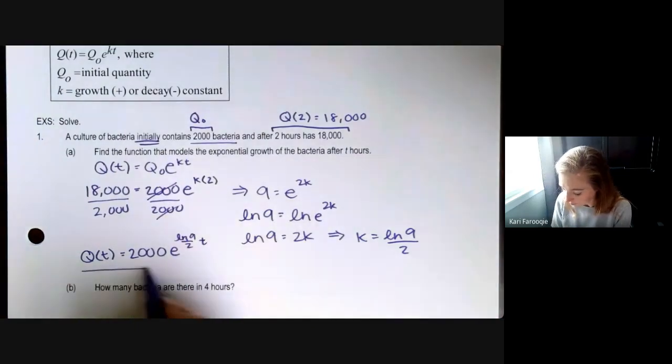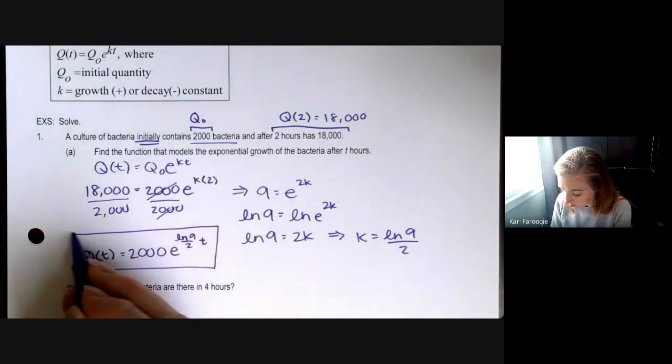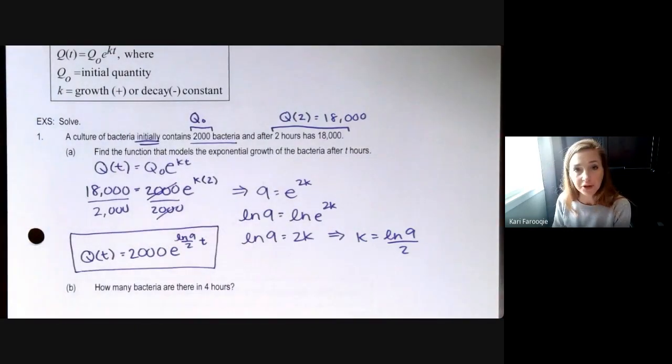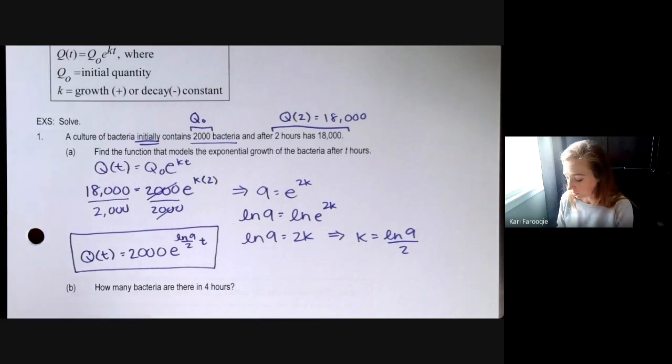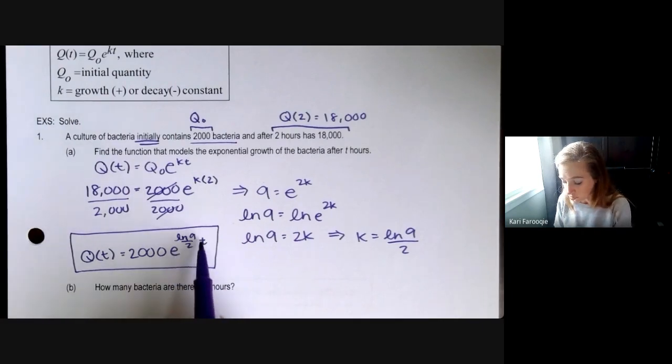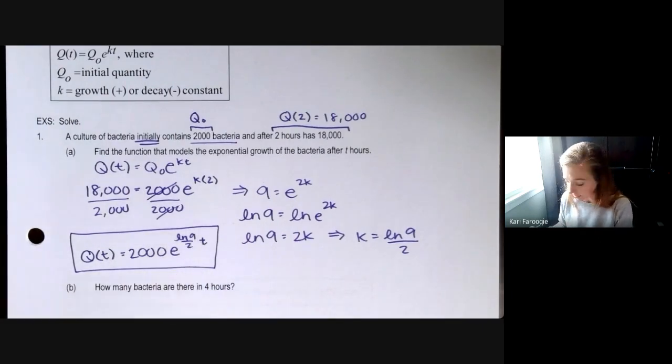t. And you're going to have to try to be careful here because I know there's a lot that goes on in this exponent, and we want to make sure it still looks like it's in the exponent and it's not just getting multiplied by the function. So the ln 9 over 2 times t is all in the exponent here for this function.